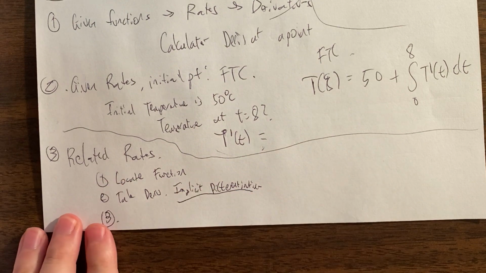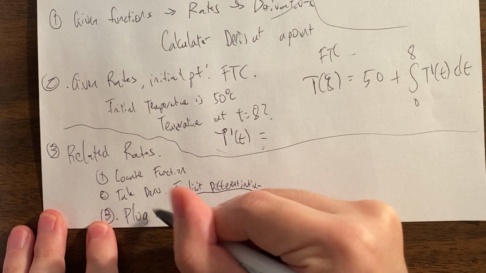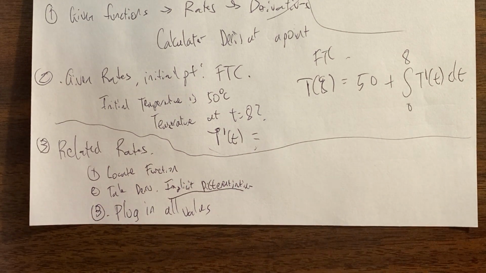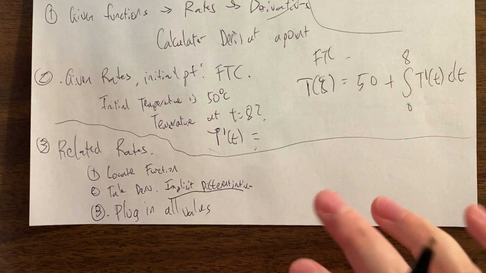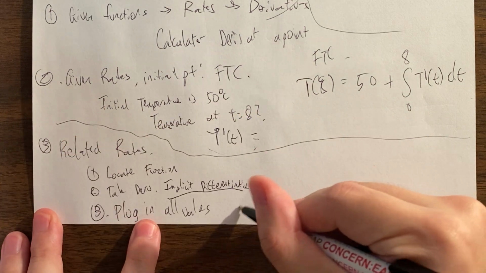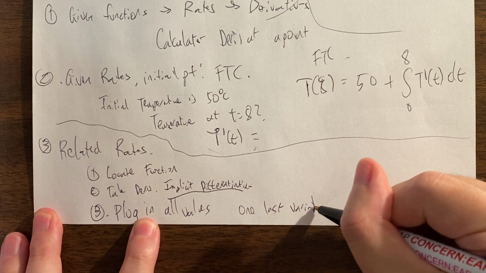Thirdly, once you take the derivative, it's usually pretty easy. You just start plugging in all your givens to find whatever derivative you want. So you might have like 7 variables or something, but they usually give you 5 of them. They usually don't give you one of them, just as a tease, I guess. And if you need one last variable to plug in to find the variable you want.